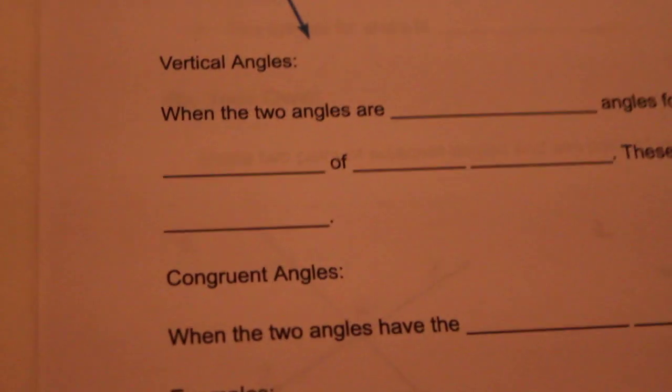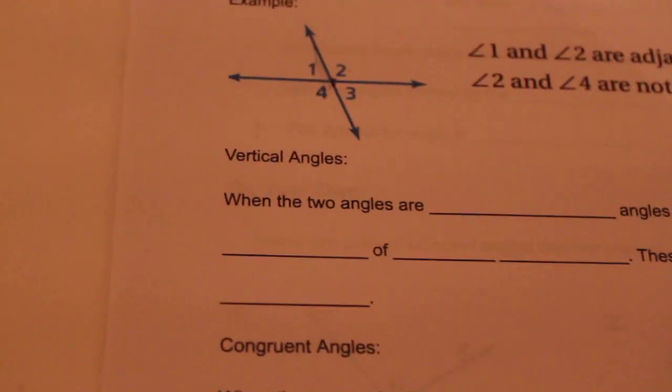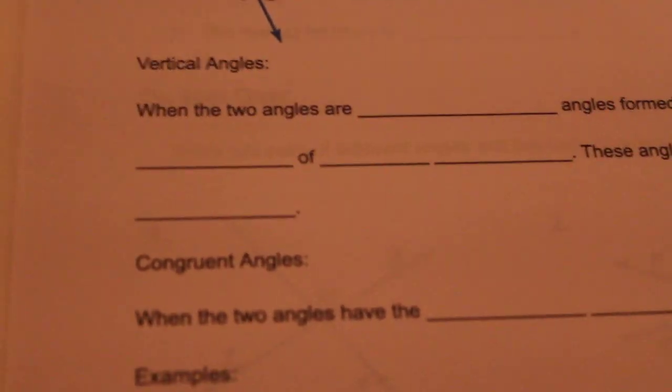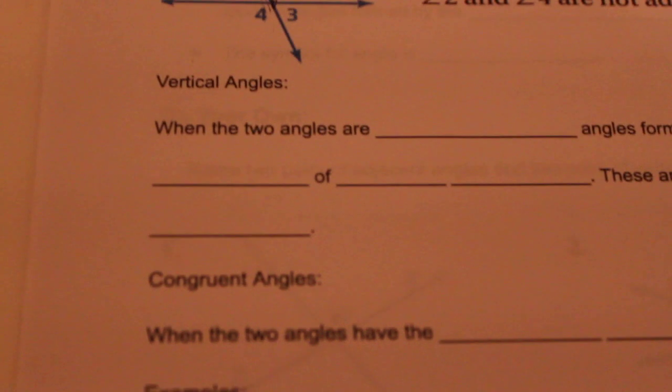Now we're going to talk about our vertical angles. Vertical angles I also touched on yesterday. Vertical angles are opposite angles formed by the intersection of two lines.